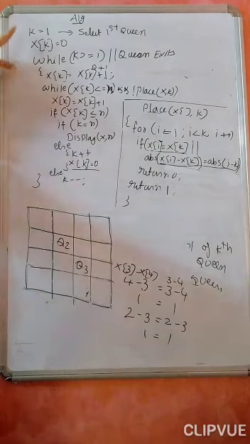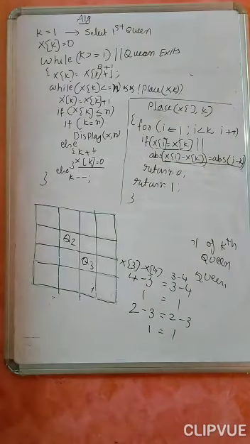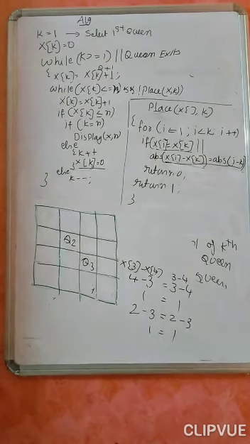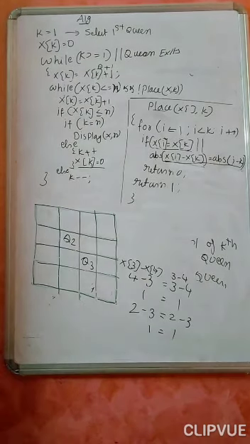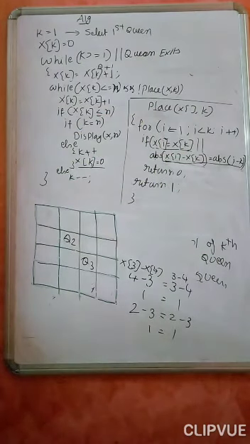Now I'll move on to the main algorithm. In this main algorithm, what you are doing here is you will be calling the function where you will be checking whether there is a vertical attack or a horizontal attack or not.